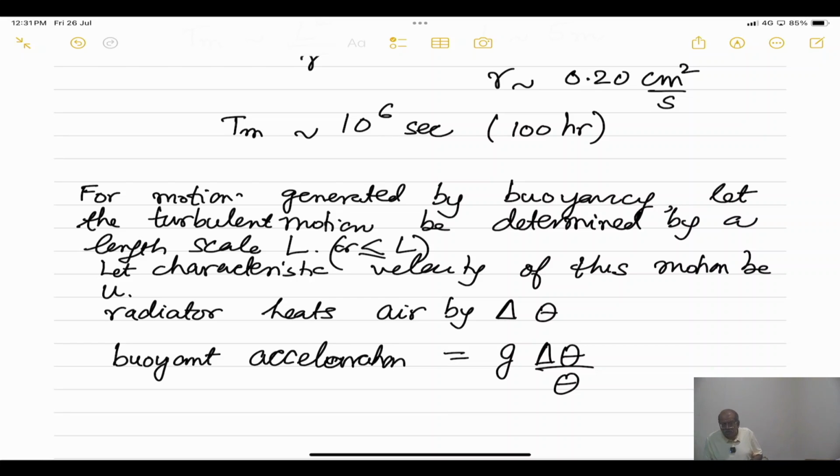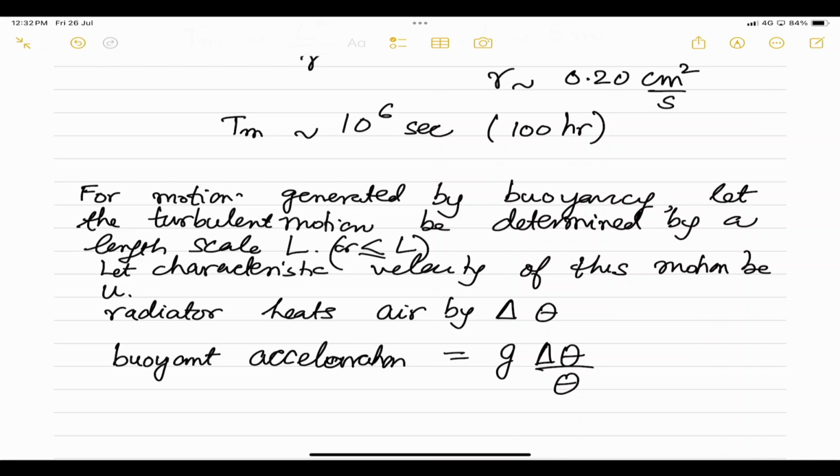Here g is the acceleration due to gravity, and delta theta is the change in temperature, divided by the temperature in the room. Those of you who have seen the heat transfer equation in natural convection will recognize this term, which comes in on the right hand side as the acceleration term because of gravity.